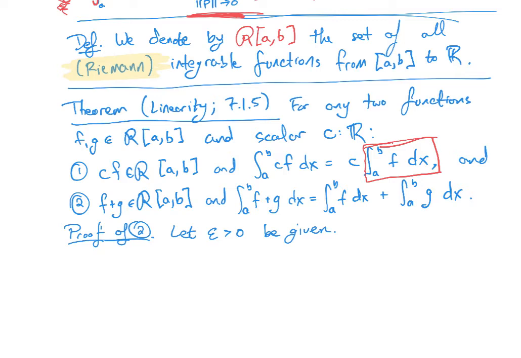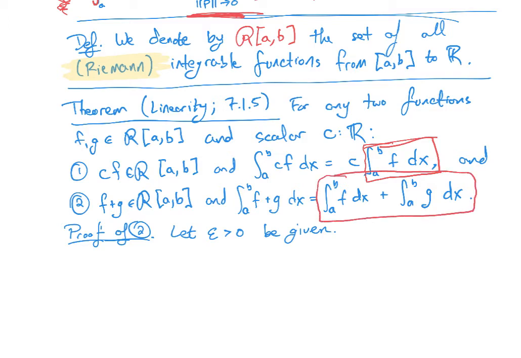Okay, what do we need to show? We need to show there exists a delta, so that no matter which tagged partition we take, as long as the norm of that tagged partition is less than delta, then S of F plus G with respect to that tagged partition is within epsilon of the answer it's supposed to be.